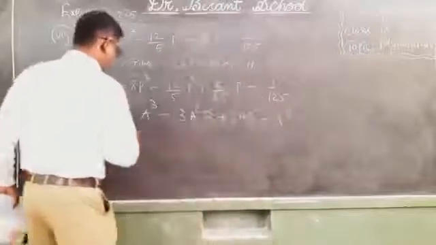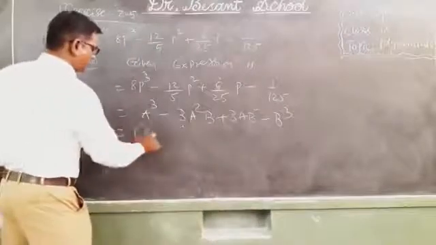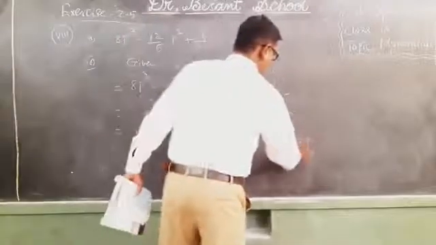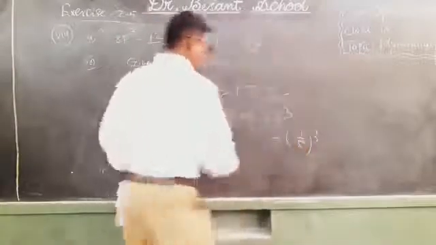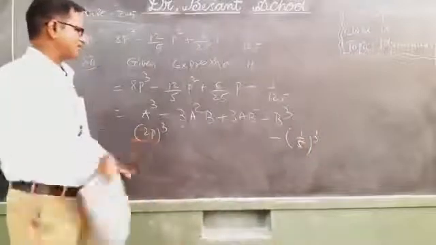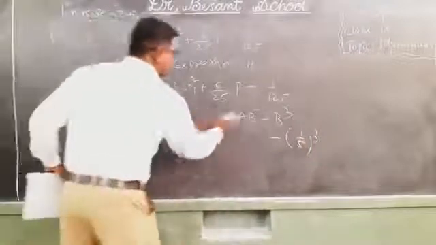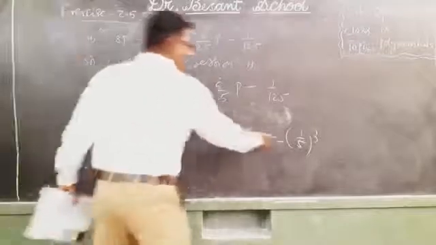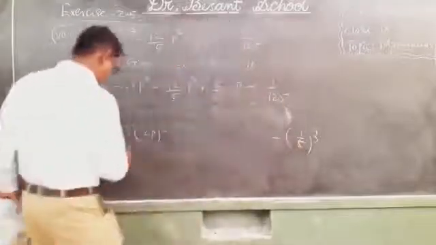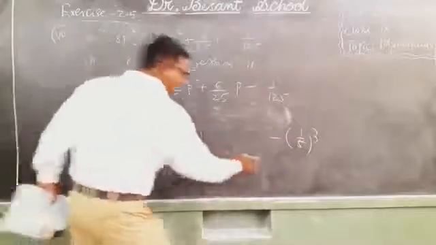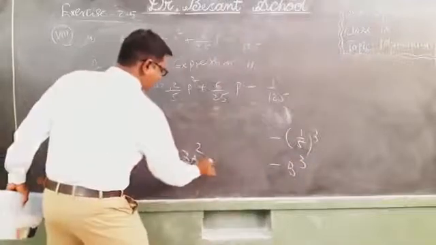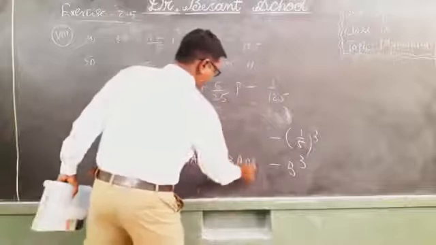Here a means 2p and b means 1 by 5. Once see, children, 2p whole cube is 8p cube only, minus 1 by 5 whole cube is 1 by 125 only. So we have adjusted a cube minus b cube. Still we need to write minus 3a square b plus 3ab square.